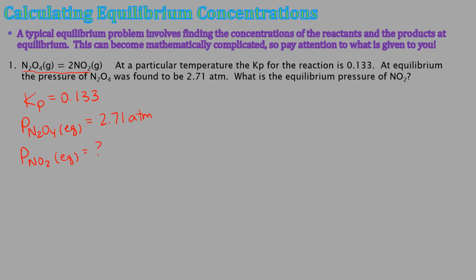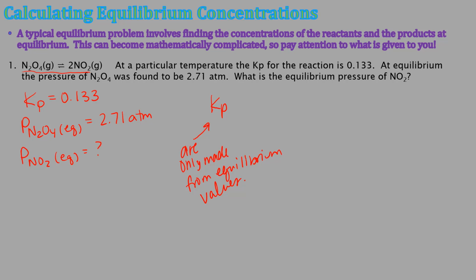I know that Kp expressions only have equilibrium values. Kc is only made from molarities at equilibrium, and Kp is only made from pressures at equilibrium.